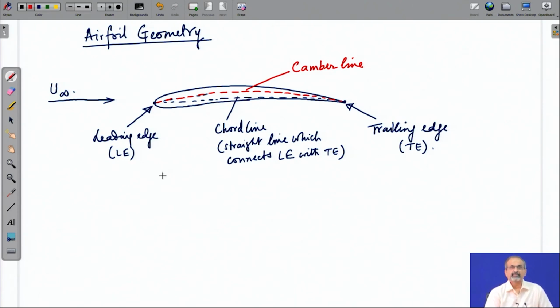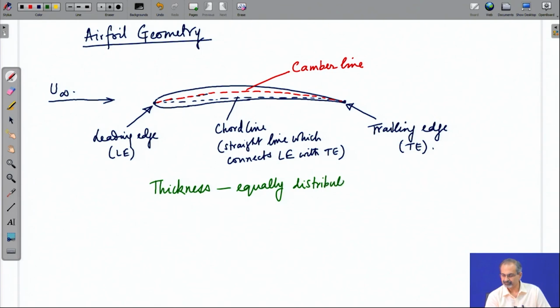Now, the idea is that about this camber line, we apply some thickness to develop the airfoil geometry, and that thickness is equally distributed above and below the camber line.